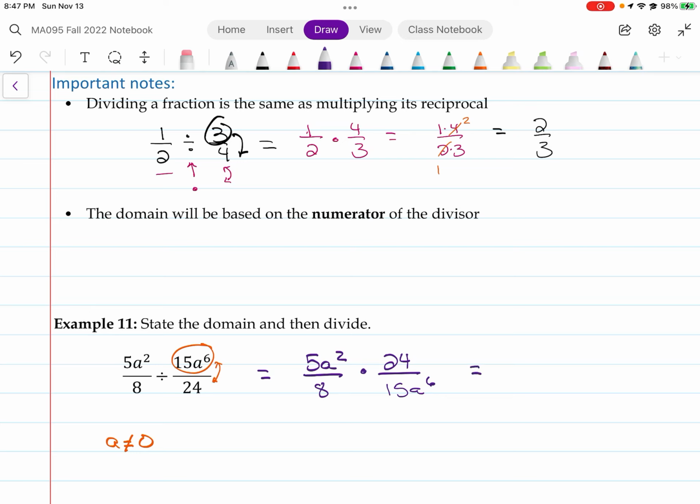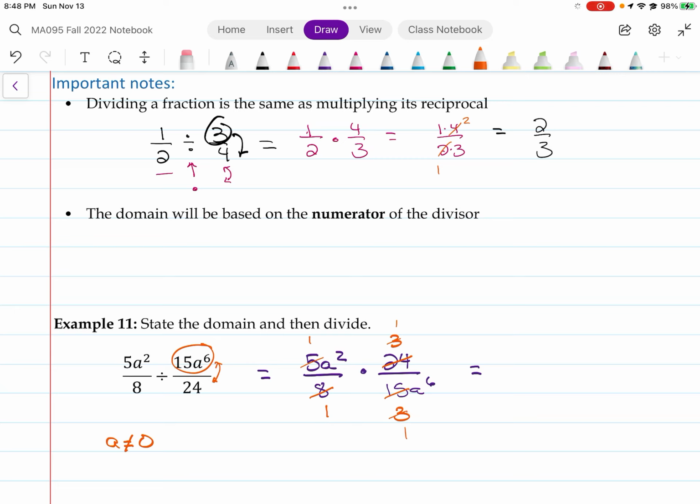Okay, so what cancels? Let's think about that first. I've got a 5 on the top and a 15 on the bottom. 5 goes into 5 one time and into 15 three times. I've got an 8 on the bottom and a 24 on top. 8 goes into itself one time and into 24 three times. Oh, and look, now my 3s cancel out. The numbers are all gone.